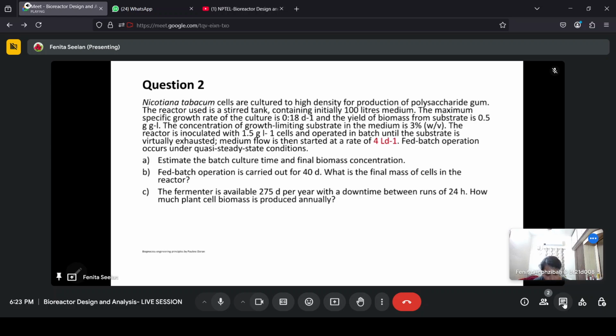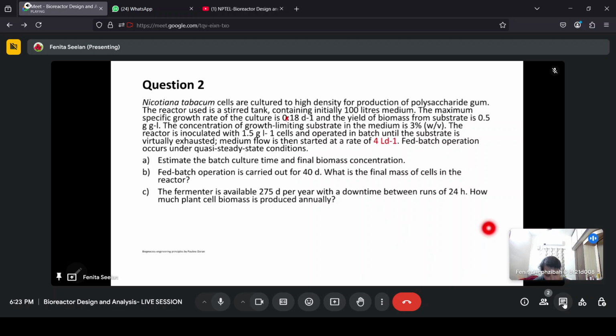So this question is about fed batch operation. Question number 2: Nicotiana tabacum cells are cultured to high cell density for production of polysaccharide gum, and the reactor used is a stirred tank reactor containing initially 1000 liters medium. The maximum specific growth rate of the culture is 0.18 day inverse, and the yield of the biomass from substrate is 0.5 gram per gram.